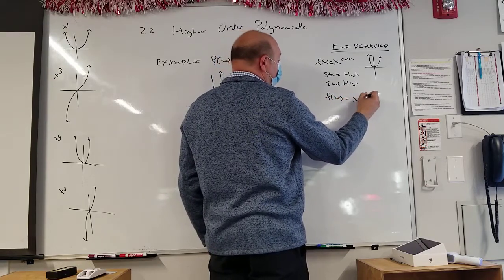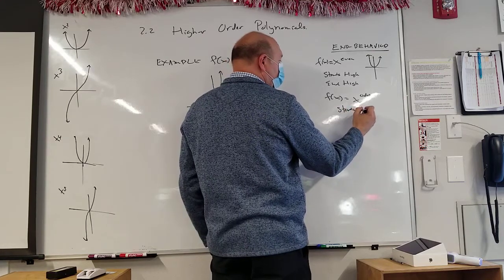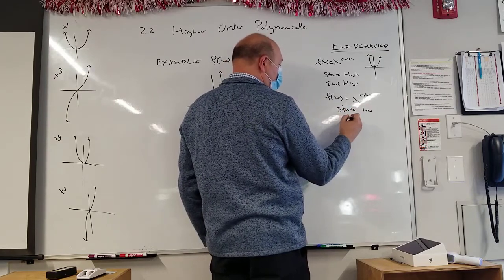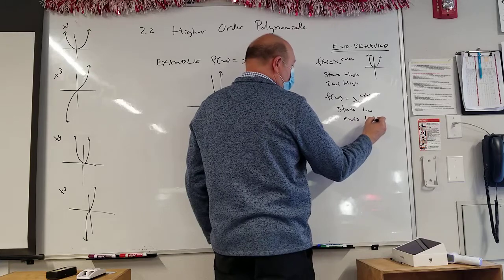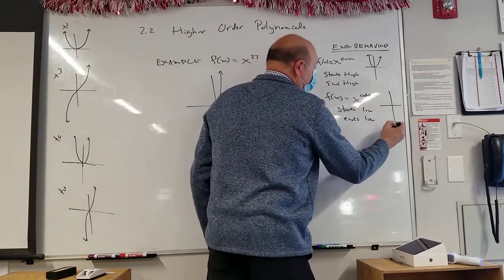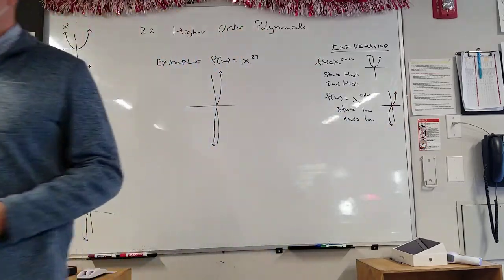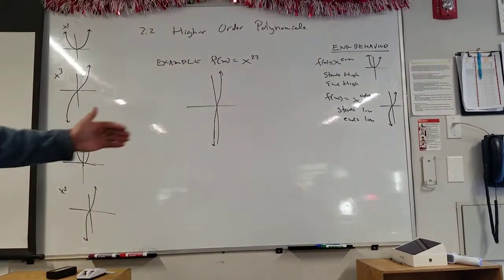X to the odd power starts low, ends low. Are we good there? And the graph of it kind of looks like maybe that. Starts high?